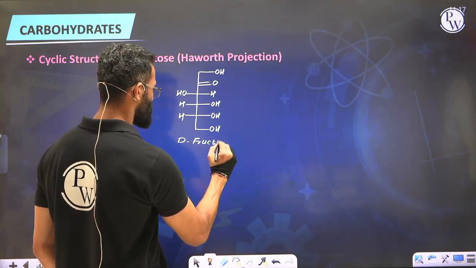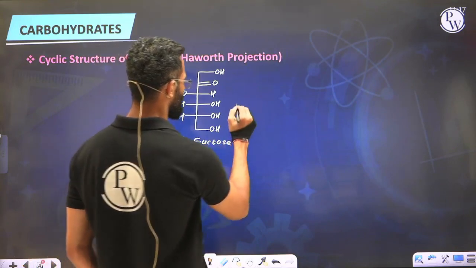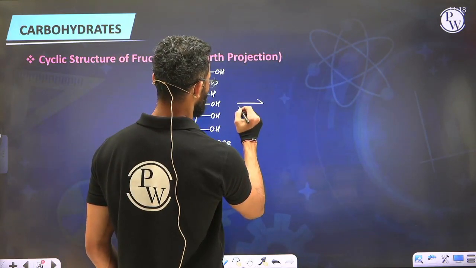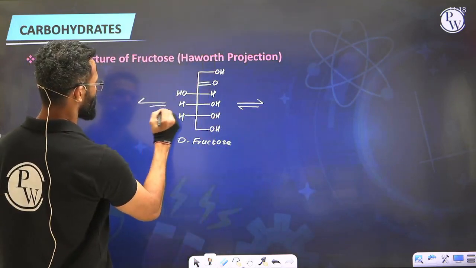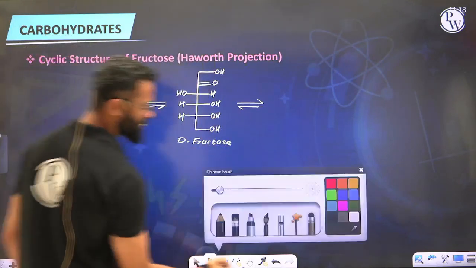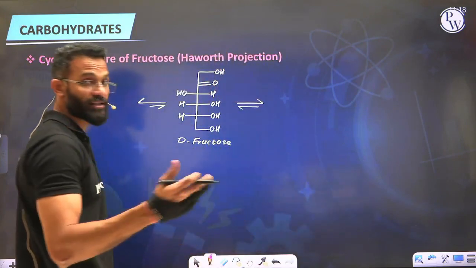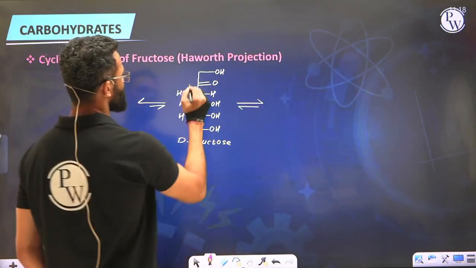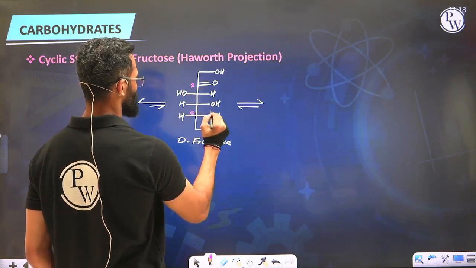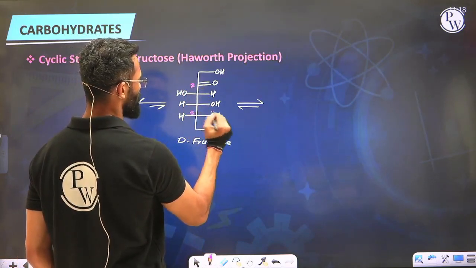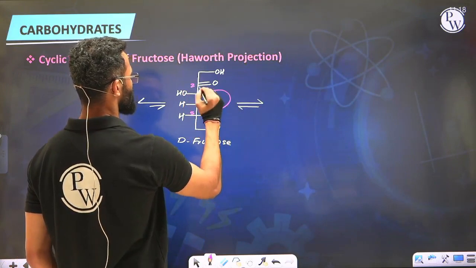Just like glucose, even D-fructose exists in a cyclic structure in its two forms, alpha and beta. So let us talk about the alpha form first. What is observed in nature: this is carbon number 2, 3, 4, 5. The lone pair of the oxygen atom of the OH of the fifth carbon attacks the electron-deficient carbon.